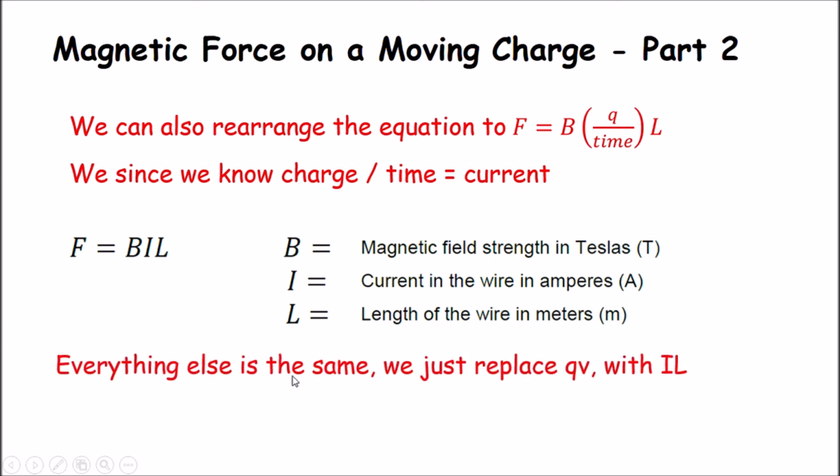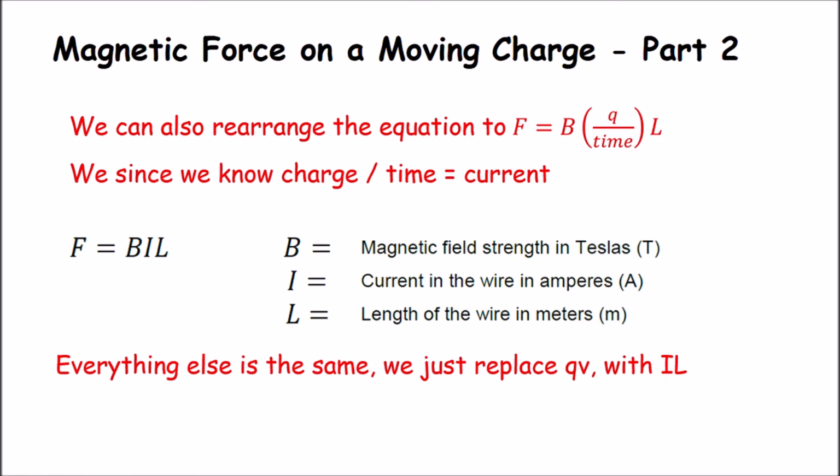Everything else is exactly the same. All we've done is we replace QV with IL. QV and IL are the same thing. IL is just that the current is constrained to the wire.